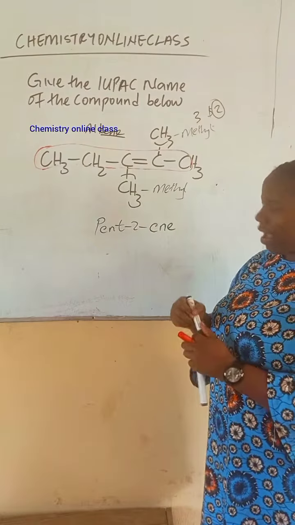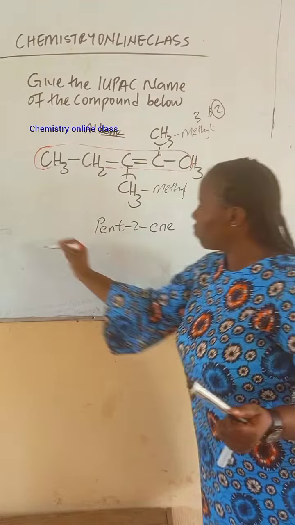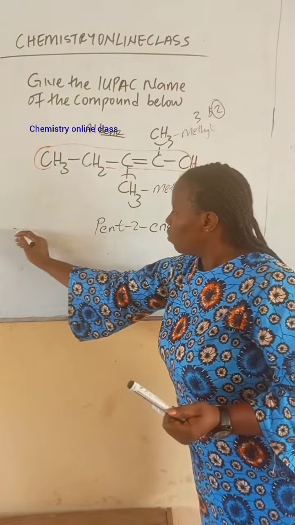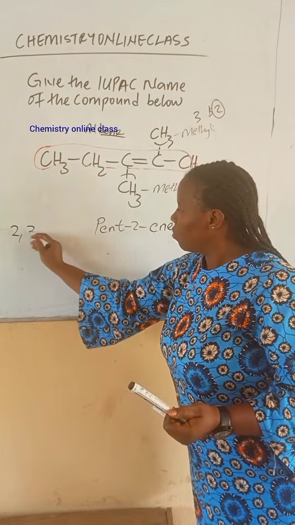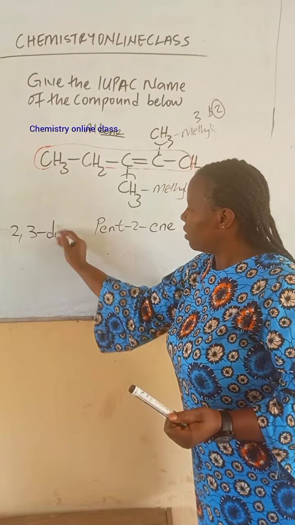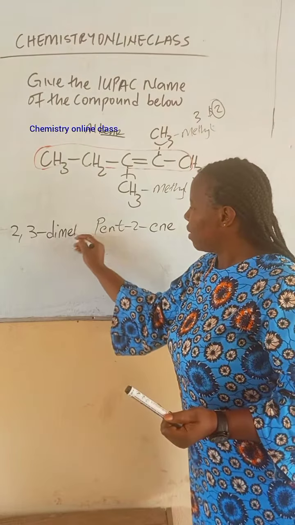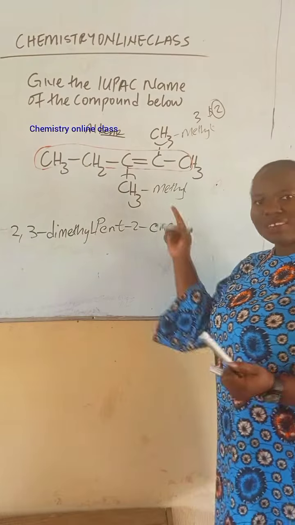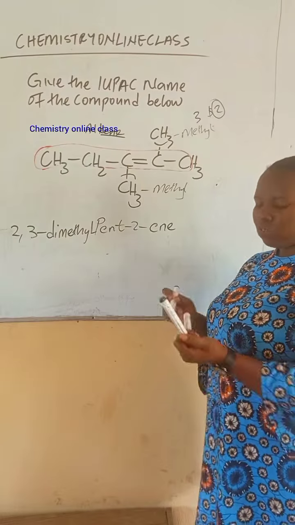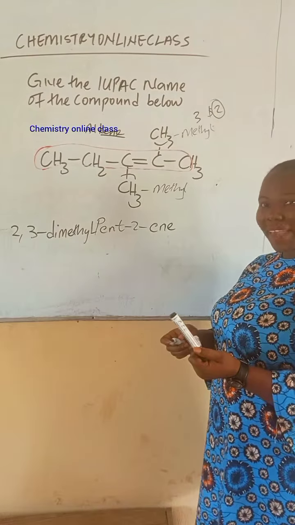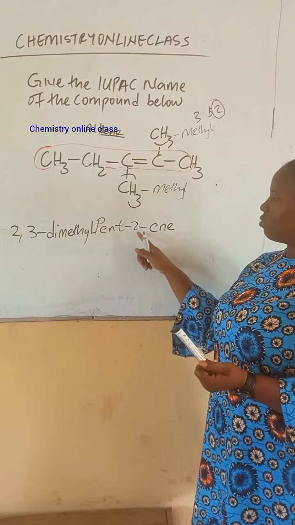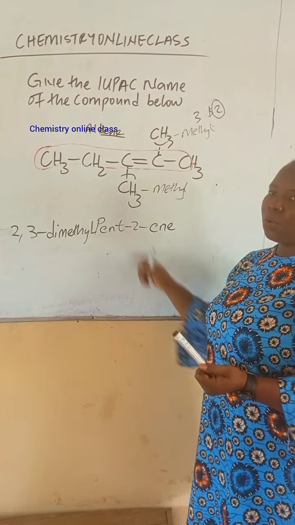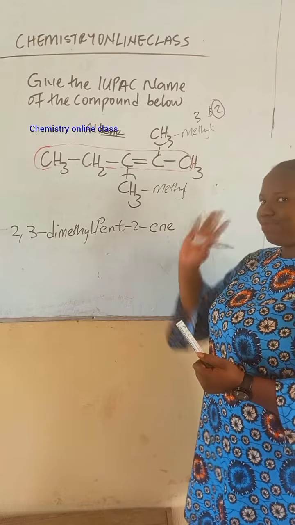So we are going to have 2,3-dimethylpent-2-ene. That's the name of this compound. This 2 means that the functional group is at carbon number 2. Okay, see you in my next video. Bye.